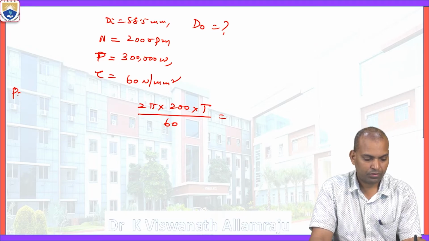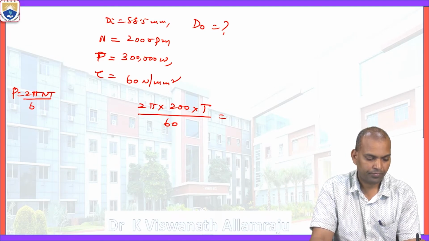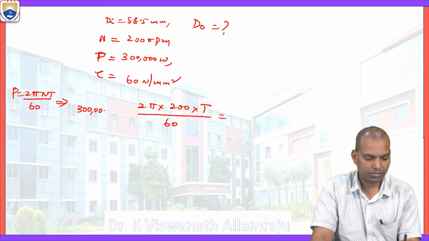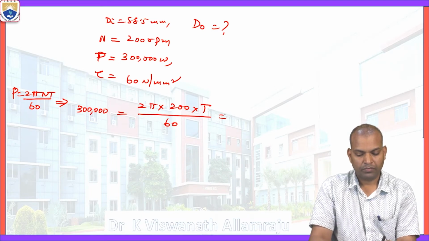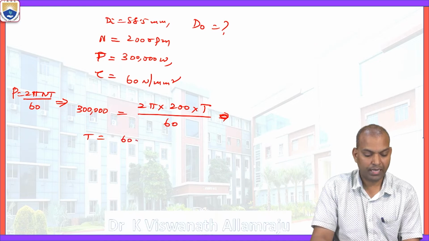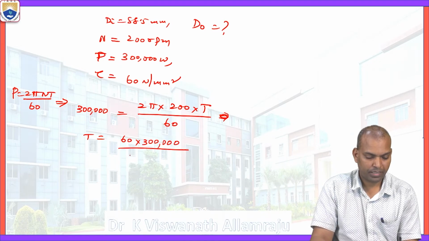Power P equal to 2 pi N T by 60, power P is 300,000. From that value the torque comes. The torque value becomes 60 times 300,000 by 2 pi into 200.